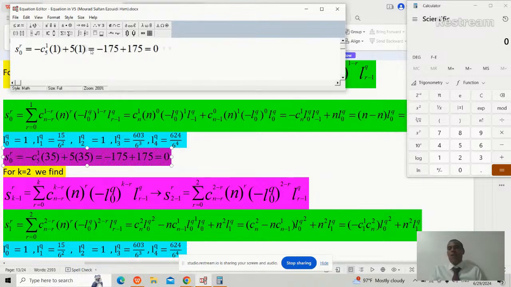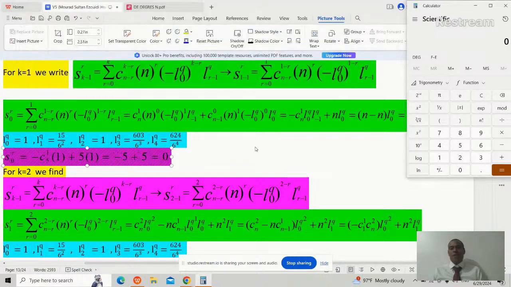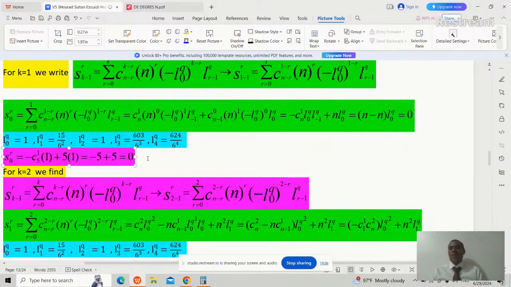So it will be negative 5 plus 5. Negative 5 plus 5 equal 0. Therefore, we calculated using the formula that a 0 for the R is 0. So a 0 for the R for any polynomial has to be equal to 0 according to the formula. Don't tell me that the value of a 0 is different to 0. So you will go again and think of your work.